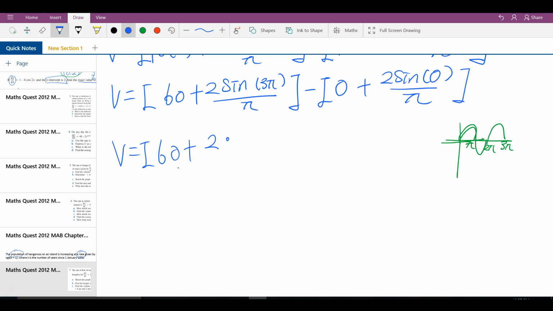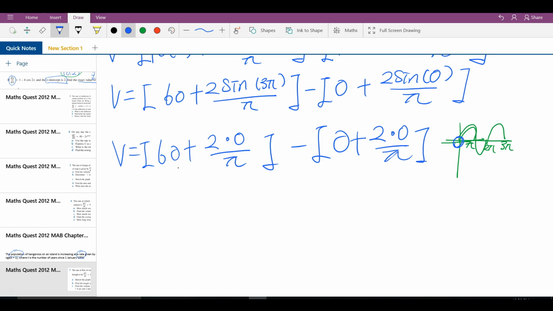So that would just be 0 over pi minus 0 plus, and sine 0 is 0 as well, over pi. So V is equal to 60 liters, because the rest is just zeros. So let's answer the question.